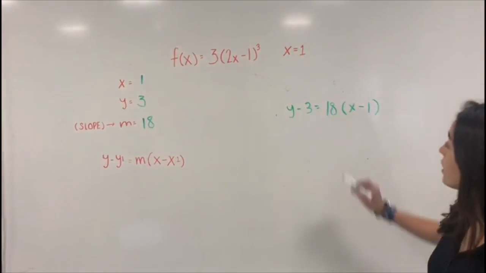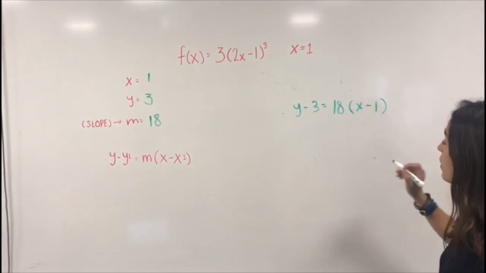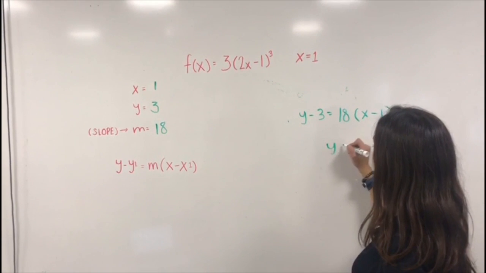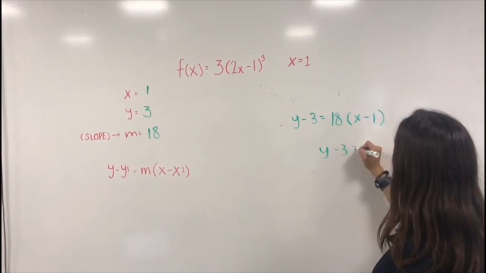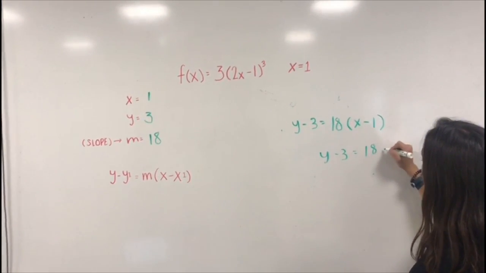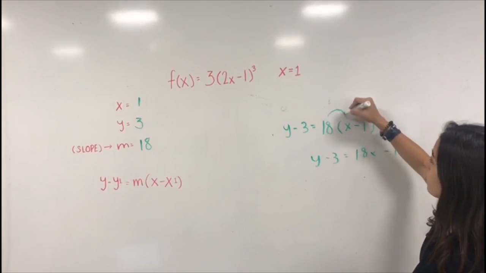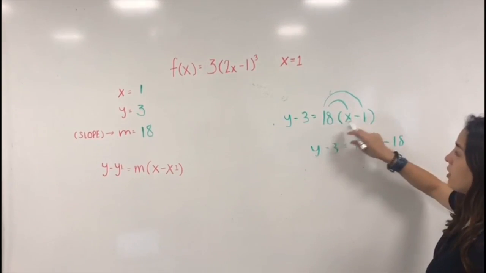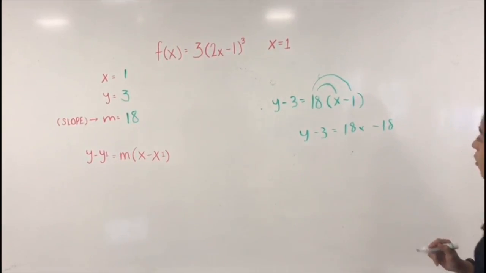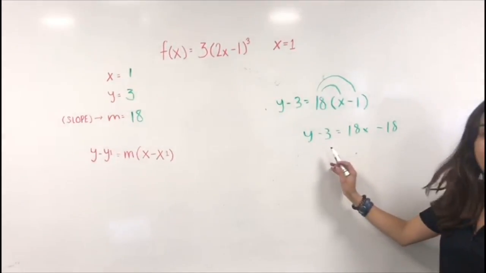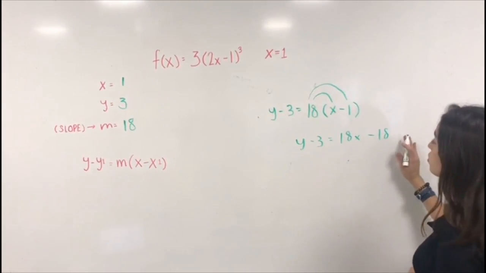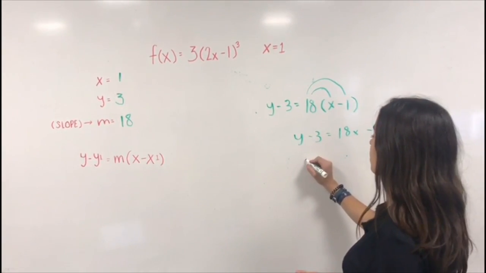Now what you're going to do is use the distributive property. So you have y minus 3 equals 18x minus 18. What I did was multiply these values. So now what you're going to do is pass the negative 3 as a positive 3 to the right side of the equation.